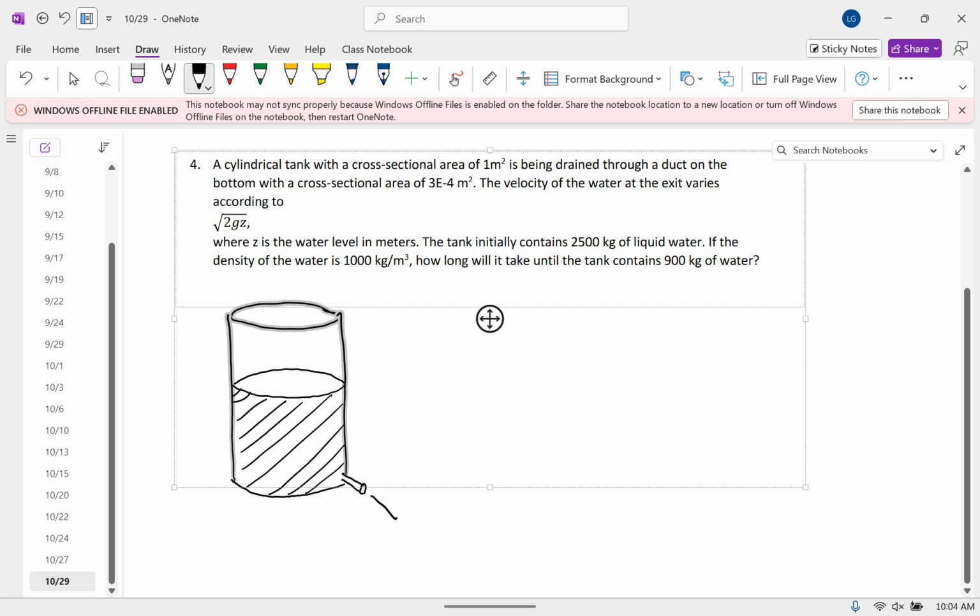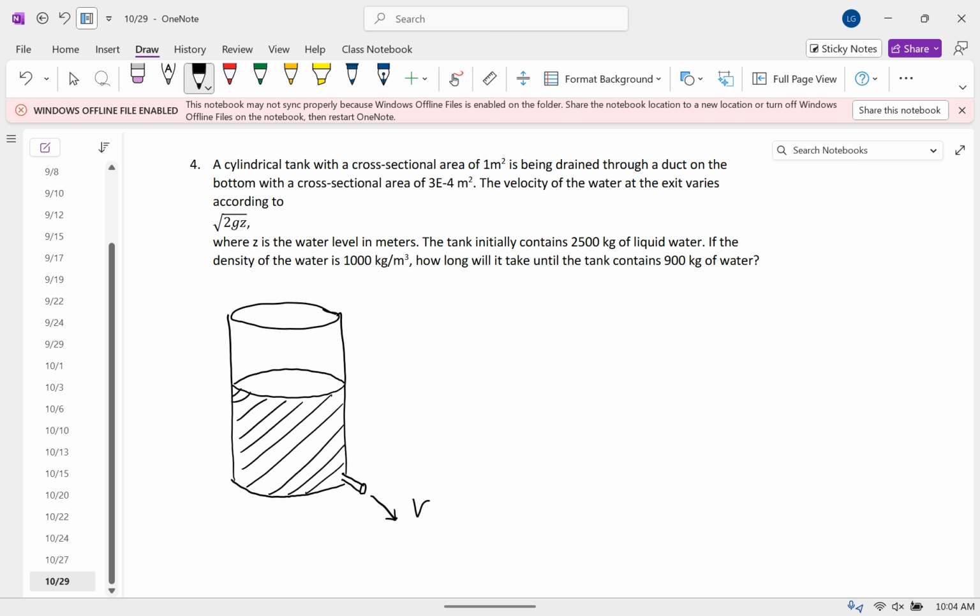So this water is coming out at a speed of square root of 2gz, and at any instant this is z. Conservation of mass is, it comes into this, but a lot of the calculations are sort of working around that thing. So let's get into conservation of mass.